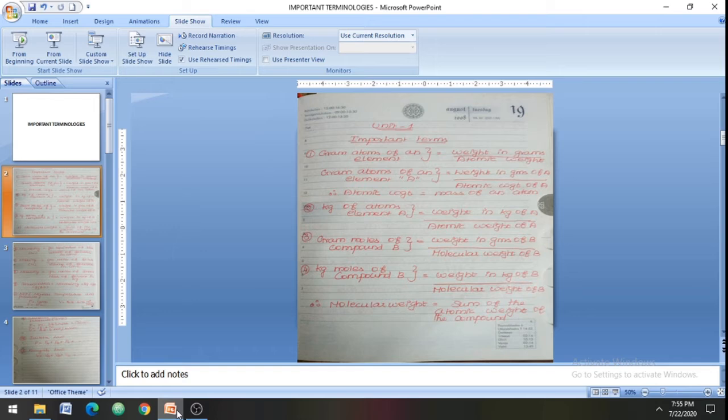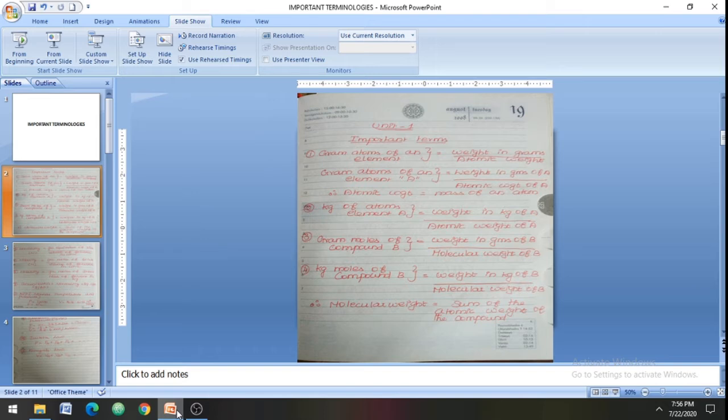Likewise, you can calculate for any type of compound. Example, take sodium hydroxide, NaOH. What is the molecular weight of NaOH? What is the atomic weight of sodium? Oxygen? Hydrogen? Sodium atomic weight is 23. Oxygen atomic weight is 16. Hydrogen atomic weight is 1. Each element is present once in this molecule.